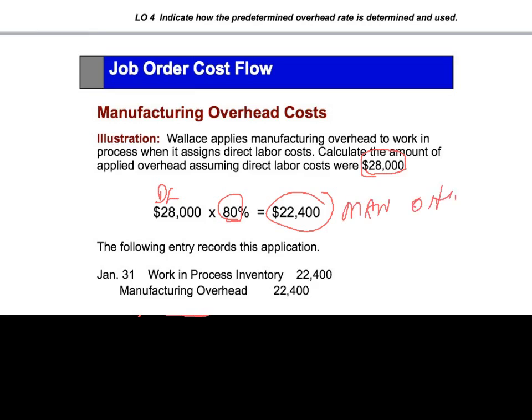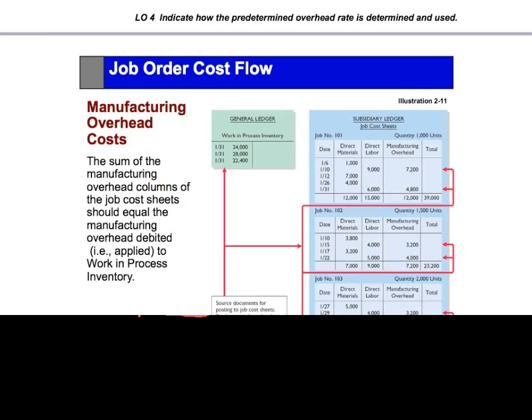And so therefore, this is the entry here. It would be debit work in process, credit manufacturing overhead 22,400. So when we assign it now, we accumulate the overhead in the work in process, and then we assign it to each job based on the activity. In this case, this is probably labor hours.